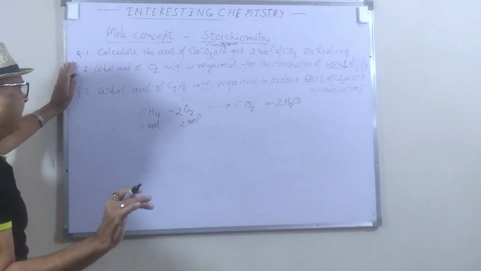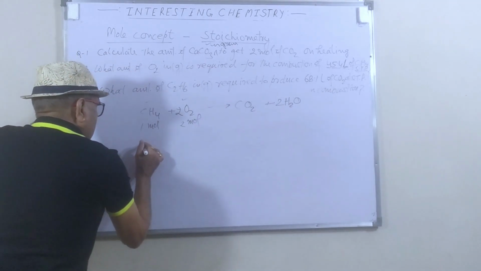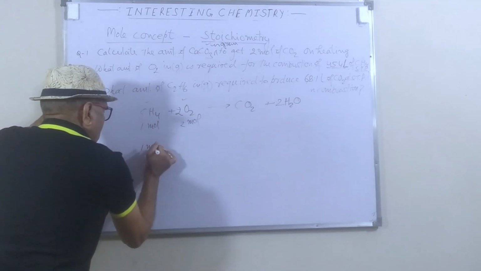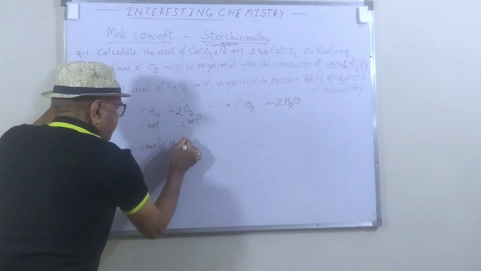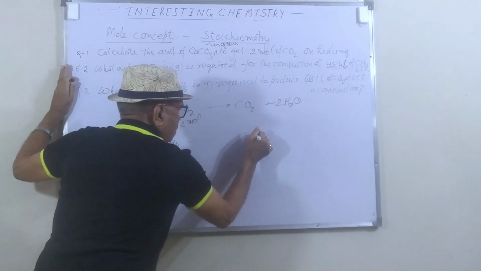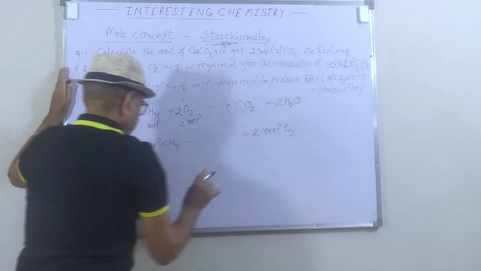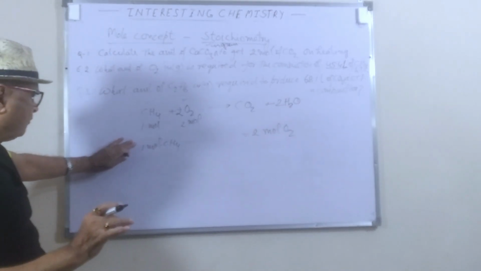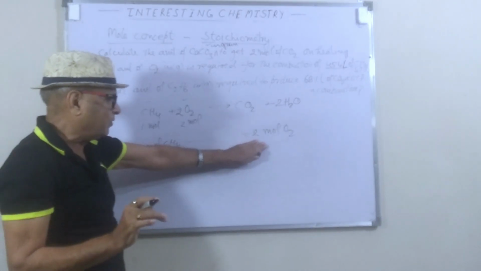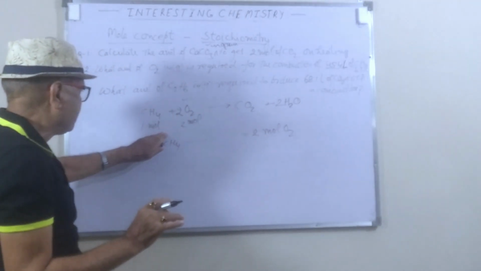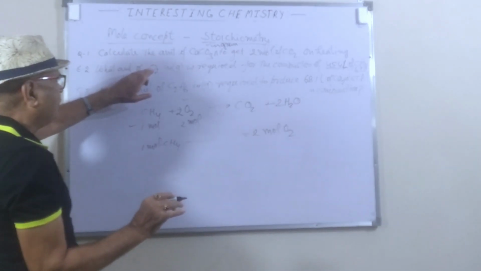Again, on combustion, 1 mole of CH4 requires 2 mole of oxygen. This equation tells us about that. So we have to calculate the amount of O2.